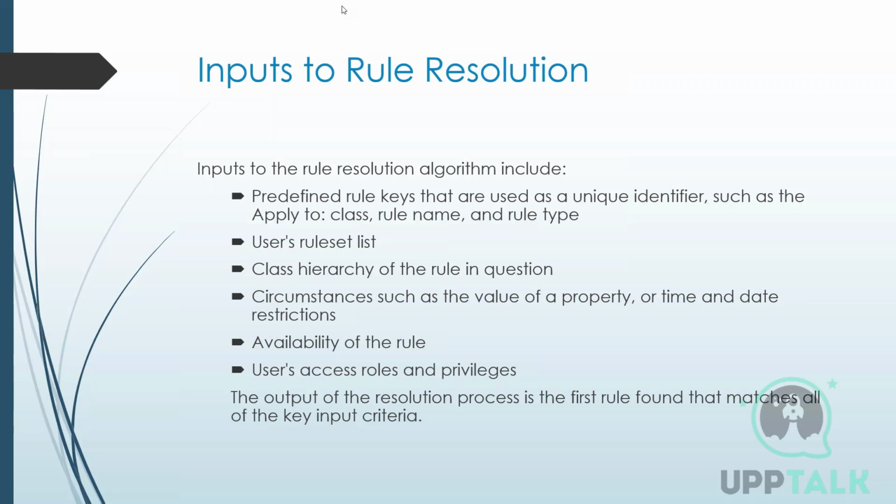And then in case there's any circumstancing relating to that particular rule, right? Then the availability of the rule, then the user's privilege. So considering all these things, the system is going to find out the most appropriate rule for your given context, which matches all of your inputs regarding the RR.